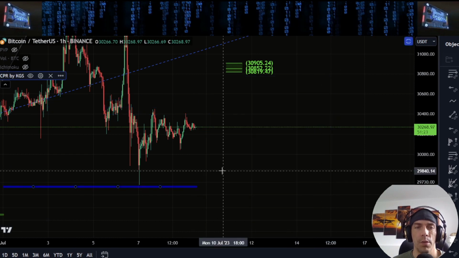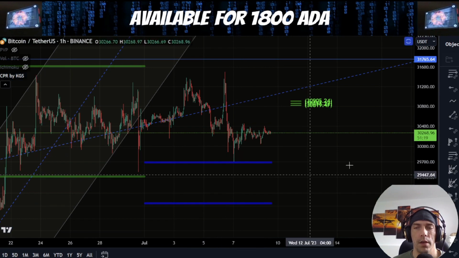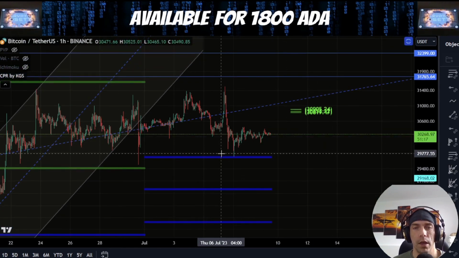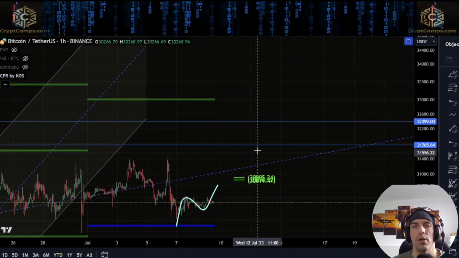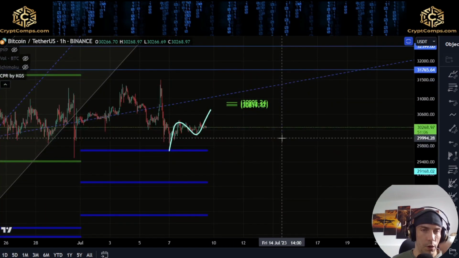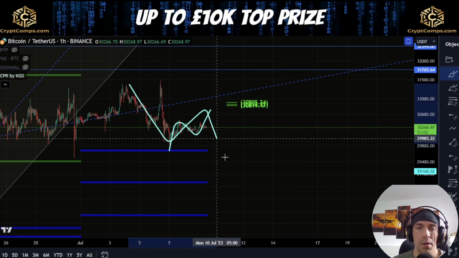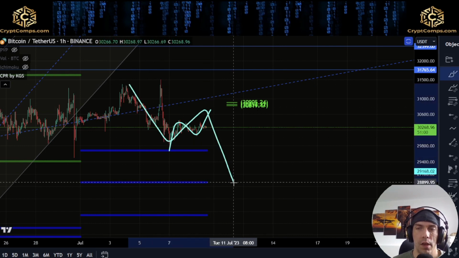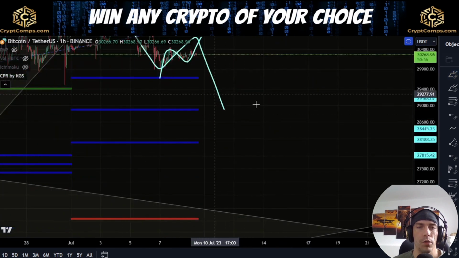Now, monthly CPRs, we can see that we come down into this top CPR line here, this top of the central lines here. If we do continue to hold this, potentially we could see price be gravitated towards this S1 line at this 32,999. But we need to just bear in mind that if we do see price push down one more time here, rather what we could be looking to do is actually come back and test the central line here at this 29,900 as a possible target.